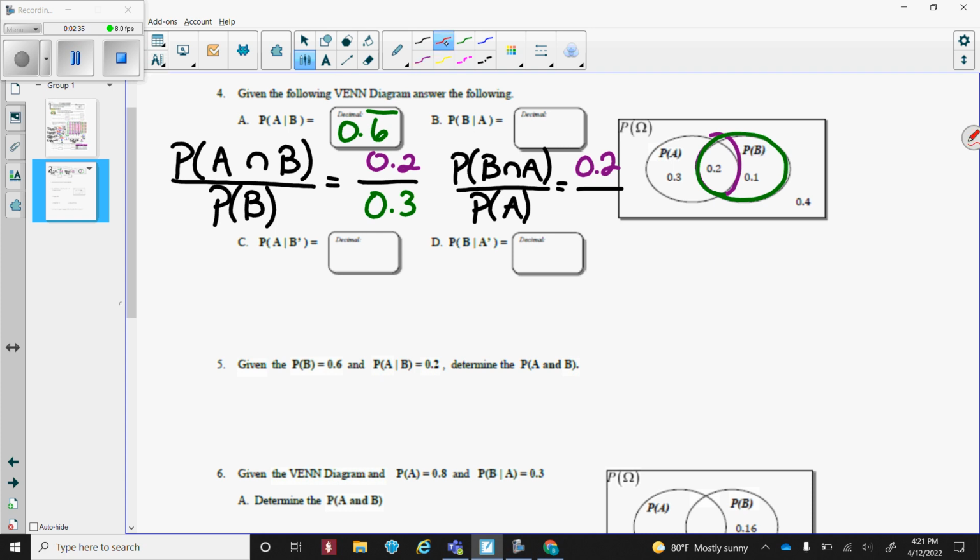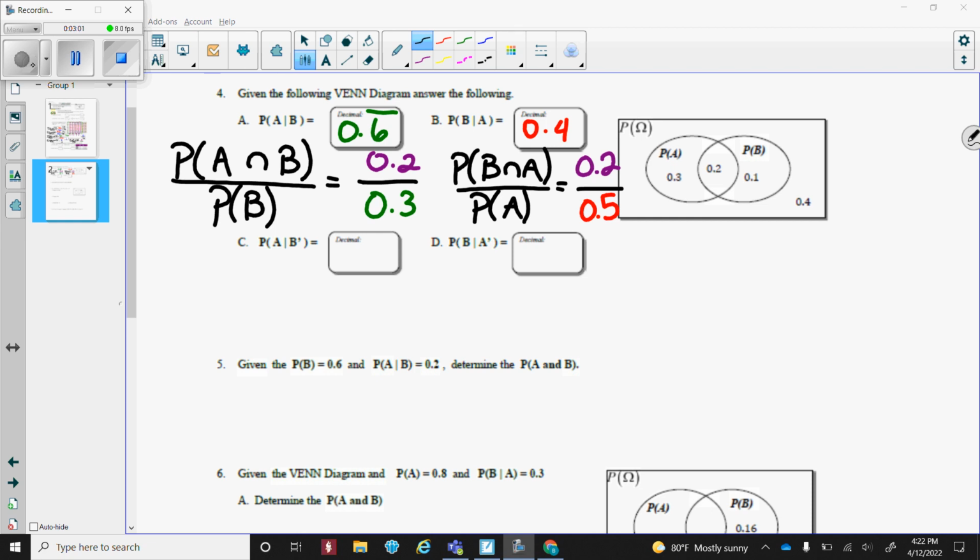We have the probability of A. A is this entire oval. Not just the 0.3, but the 0.3 and the 0.2. We add them together, and our denominator is 0.5. We want this as a decimal, so we plug it into our calculator, and that gives us 0.4 as our final answer.